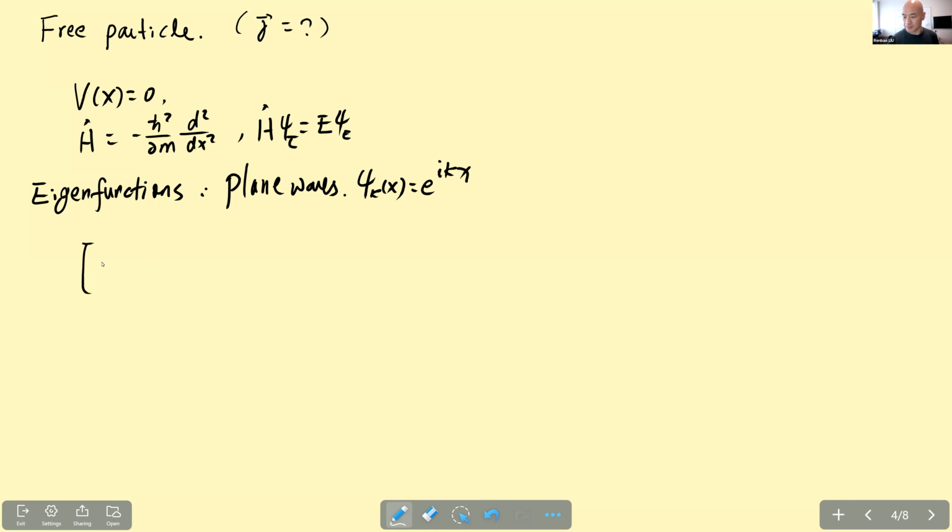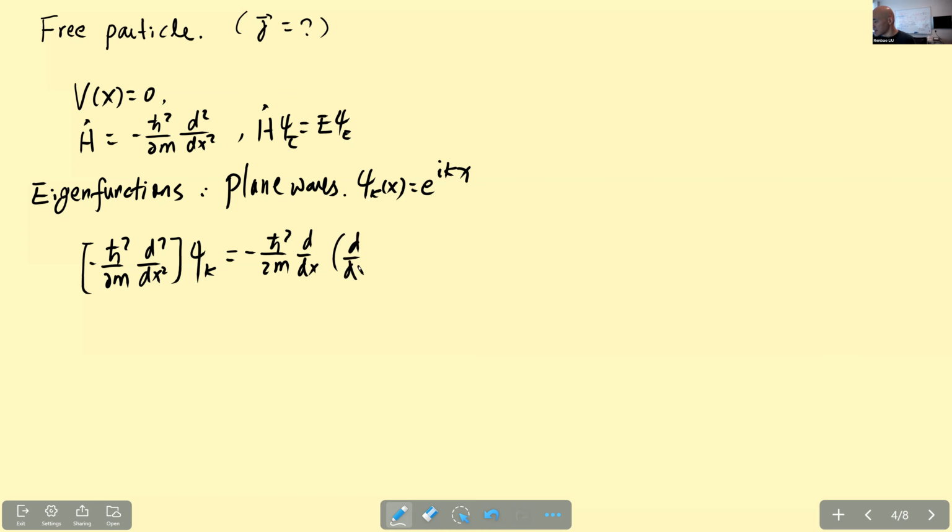The Hamiltonian acting on psi_k equals minus h bar squared over 2m d²/dx² acting on e^(ikx). The differential on the exponential function gives you a factor ik.